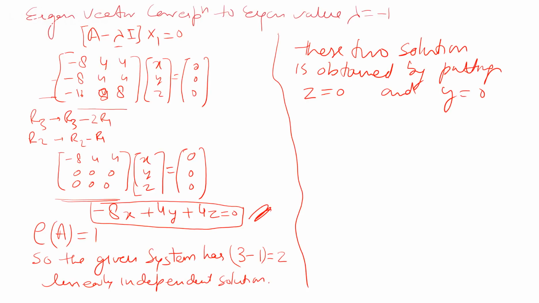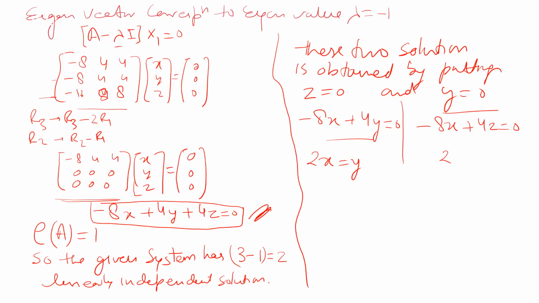First we take z equal to 0, so we get minus 8x plus 4y equal to 0, so 2x is equal to y.